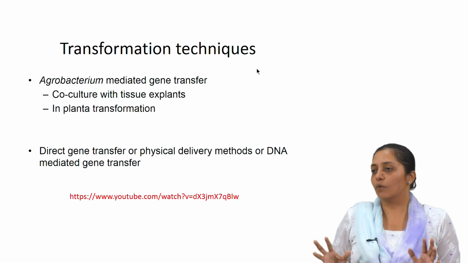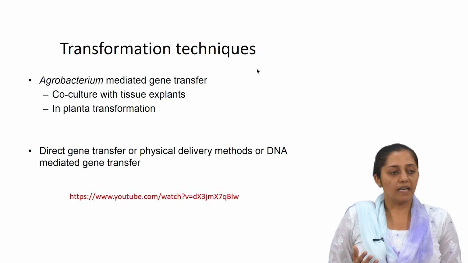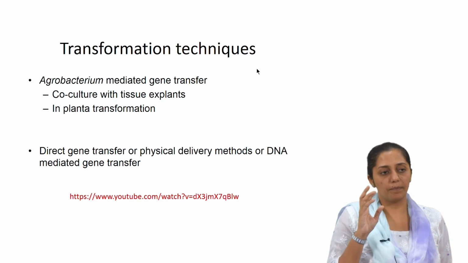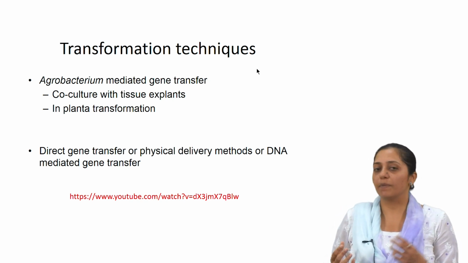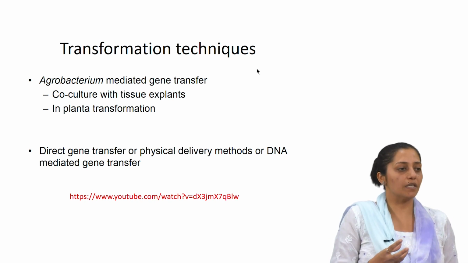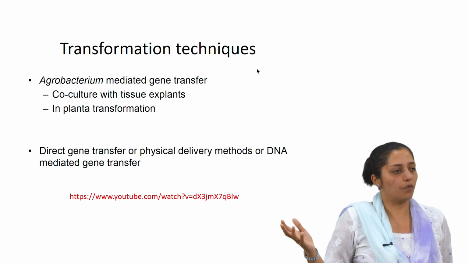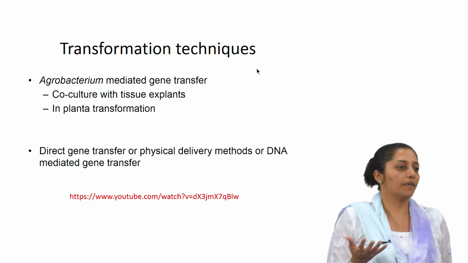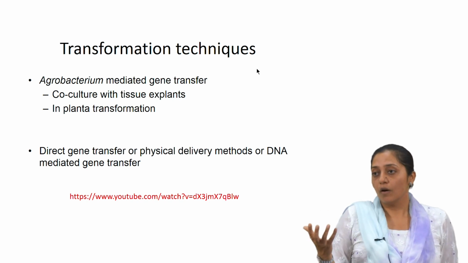What is well known and used in the laboratory is the co-culture technique. The other is direct techniques, in planta transformation, where the plant is transformed directly. Co-culture with tissue explants begins with in vitro cultures, and from the in vitro cultures regeneration is done to get the transformed plant. Otherwise, the plant parts themselves can get transformed, either the seed or the zygote.